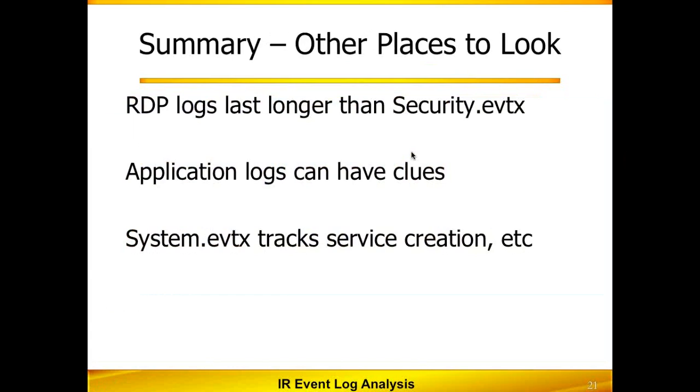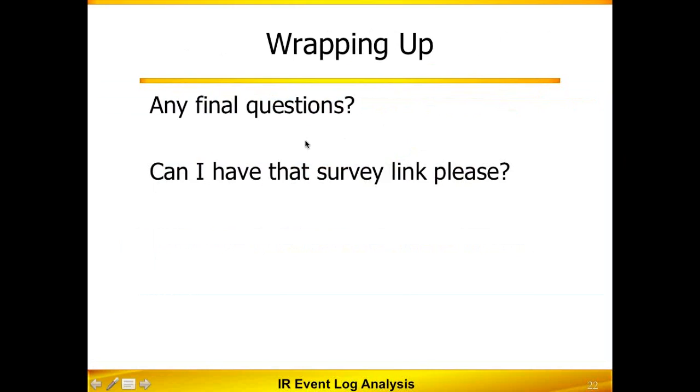So don't give up just because you don't have security event logs. There's lots and lots of other logs that last longer or maybe are more persistent. Okay, so that was a quick drive-by on the kinds of events that I've been using for my investigations recently.